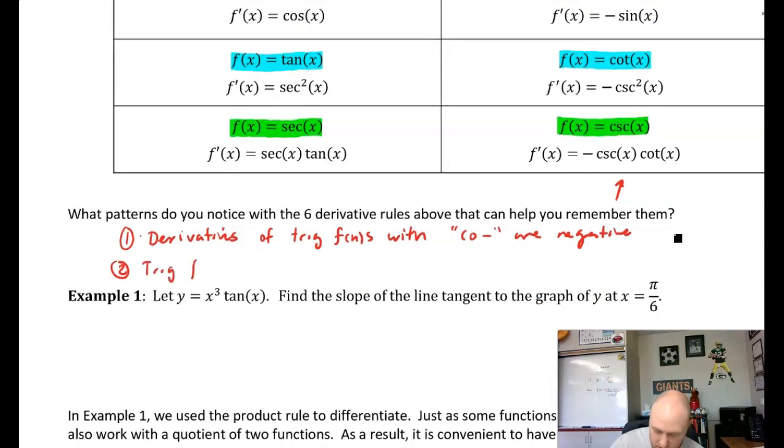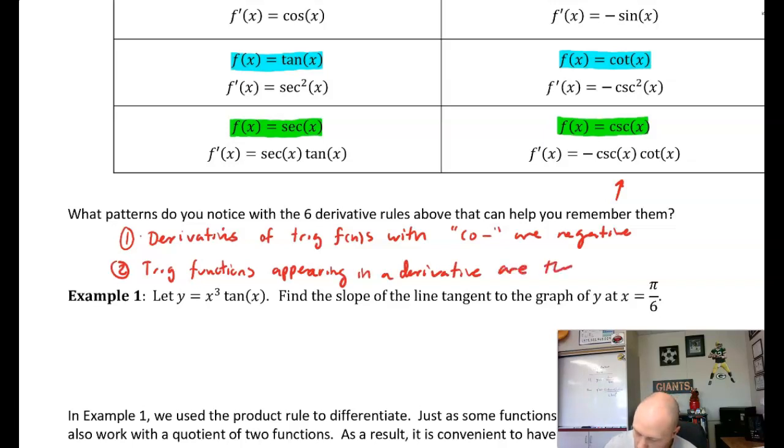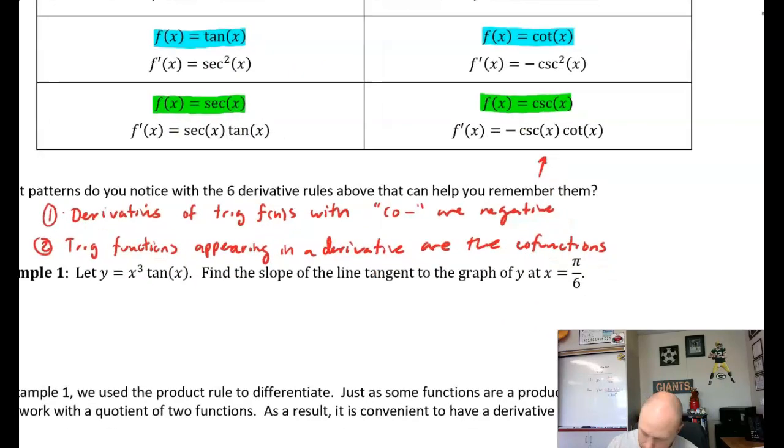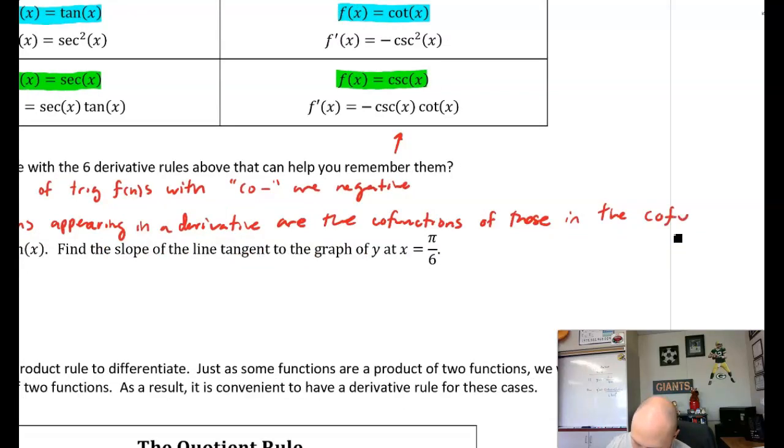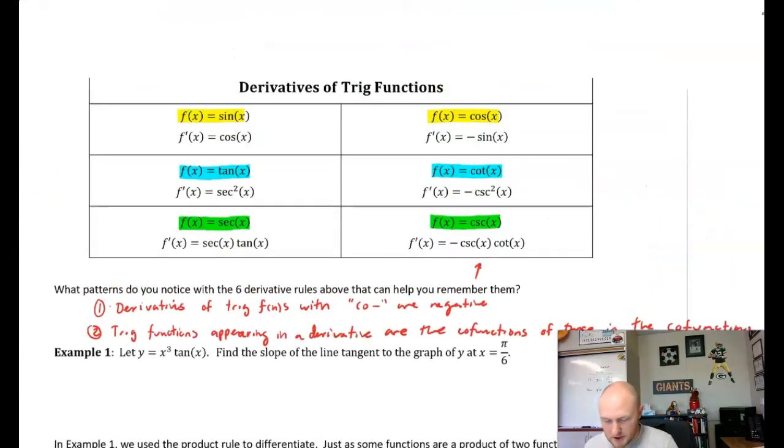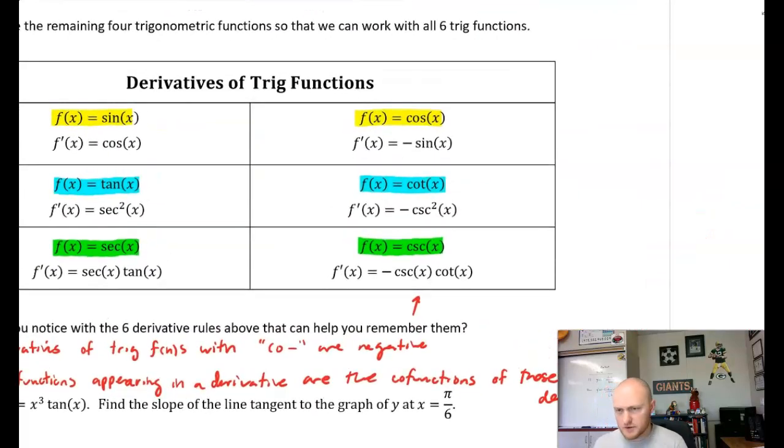It says trig functions appearing in a derivative are the cofunctions of those in the cofunction's derivative.